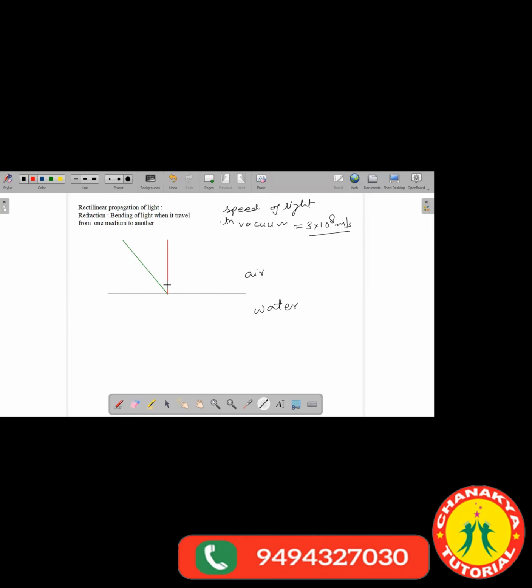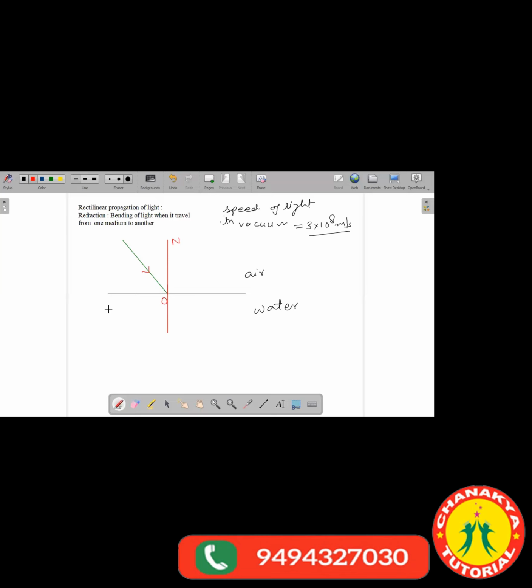As we know, the normal is perpendicular to the surface at the point of incidence. So here this is your incident ray, and this one is the normal at the point of incidence.